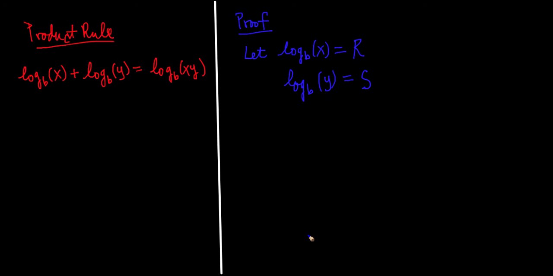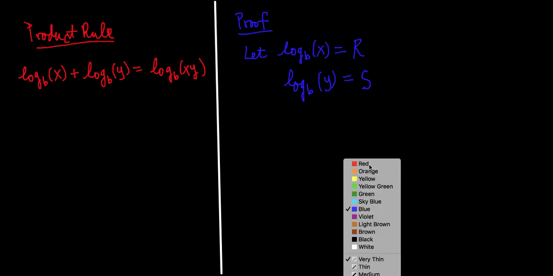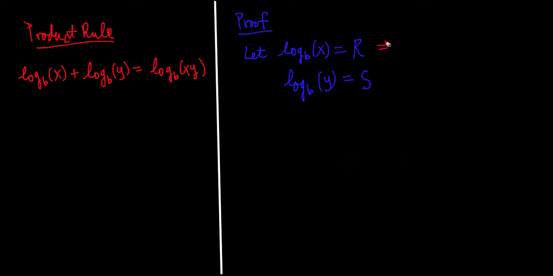Okay. Now, if we convert this to exponential form, then what we have here is base b to the rth power is equal to x, and base b to the sth power is equal to y.